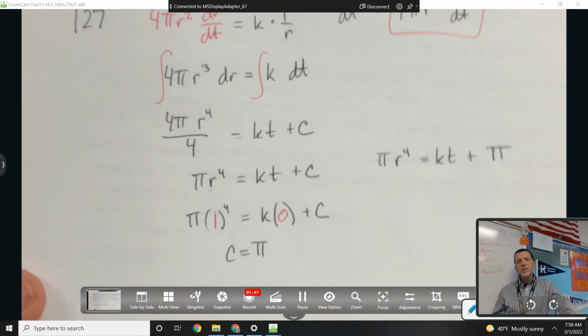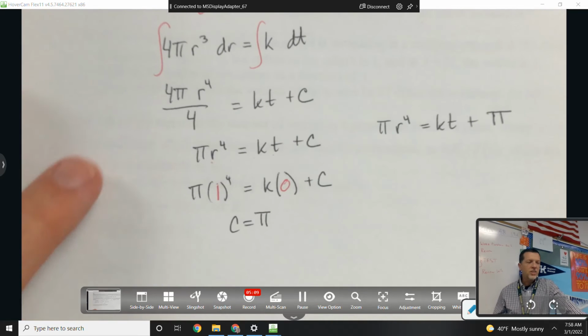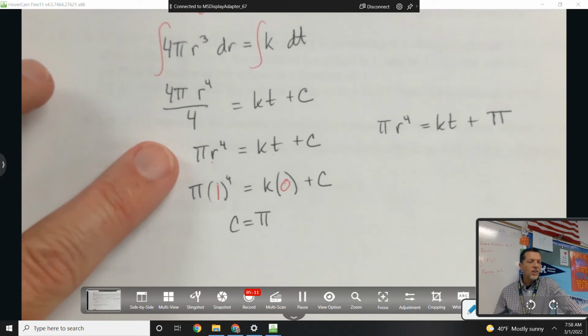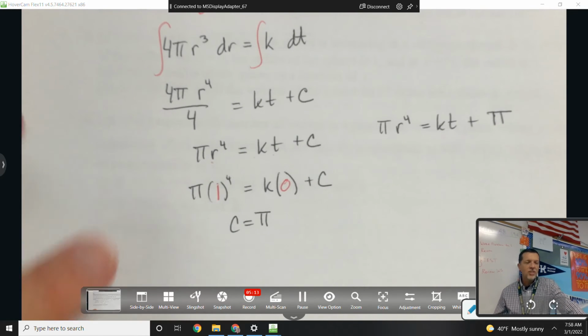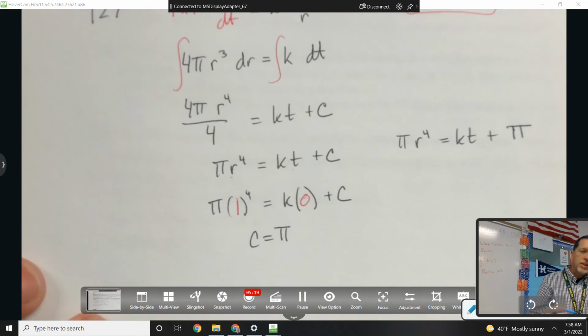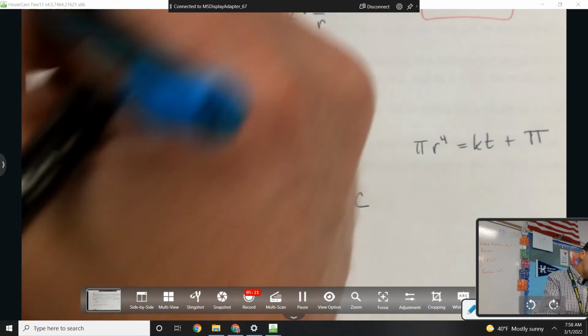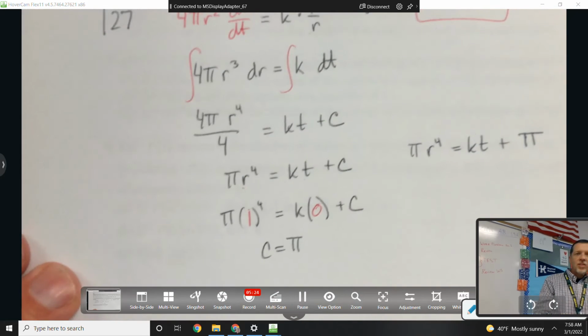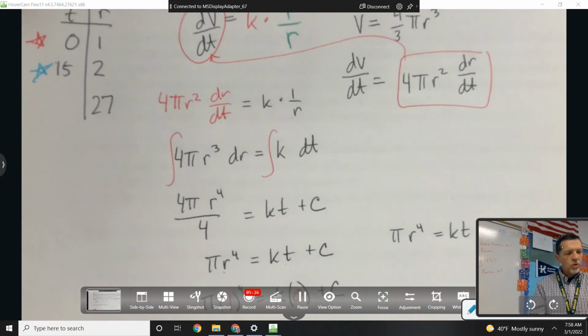By the way, I'm doing this a little bit different than I've done the others. I'm not solving for r, I'm finding c and k first and just leaving the r to the fourth there, because I think it's easier this way for this problem. Next, let's plug in (15, 2).